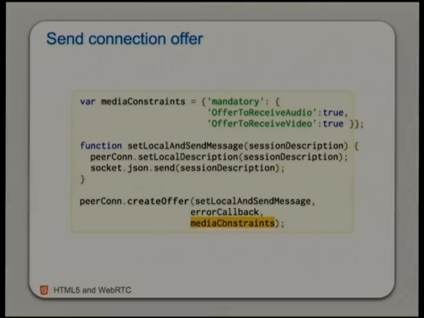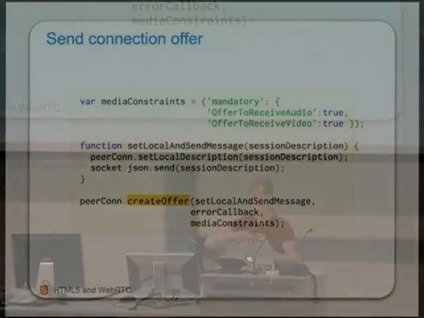Actually, I tried doing it without that, and it totally doesn't work without it. So we just need to tell it, yes, use audio and video. Okay. The create offer is the function that will initiate the connection to the other side. So I'm sending my offer, they send the reply, and then we can start talking.